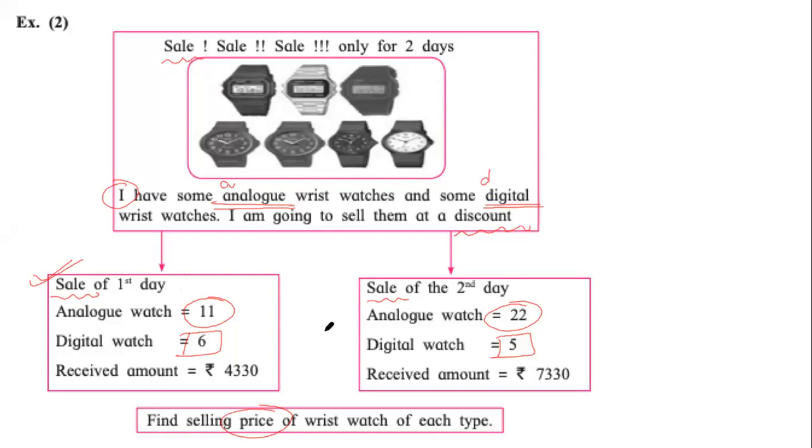We know the selling price, we know the number of watches. Tell me how much money did he earn? Maybe it will be easy for you if you think you want to buy 1 watch or 11 watches. How much money will it cost? 1 chocolate is 10 rupees. 5 chocolates is how much?